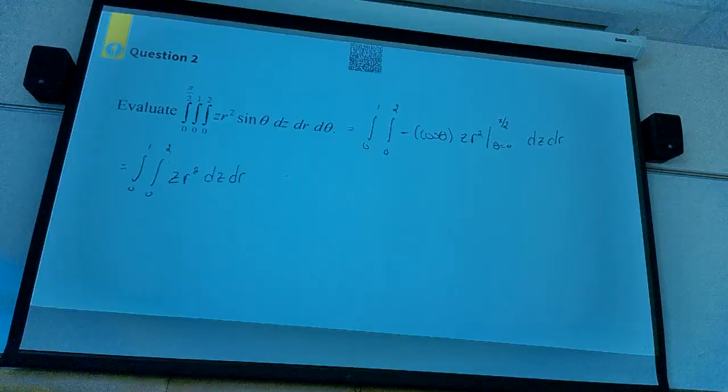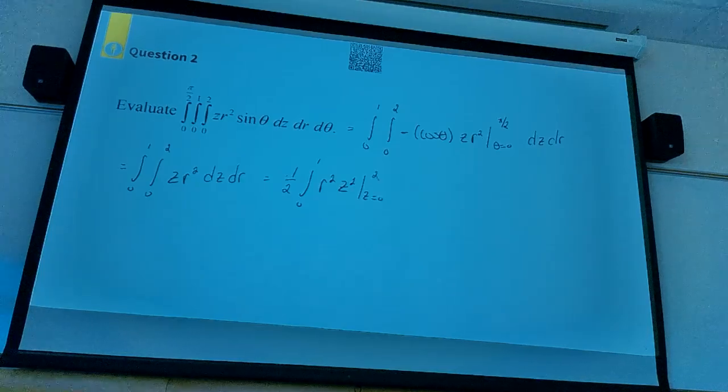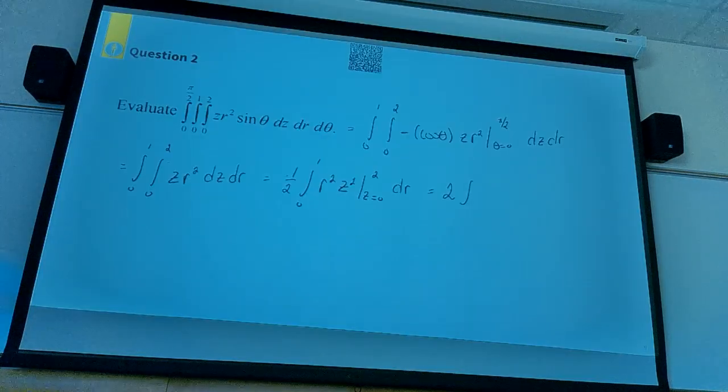Z is probably the next easiest one to do. Z squared over 2 from 0 to 2. Z squared is 4 over 2.